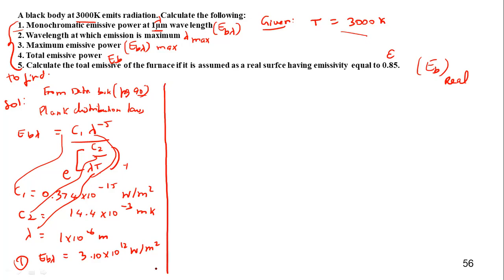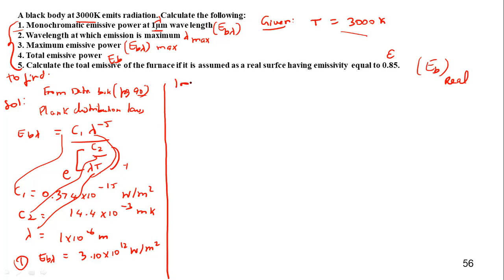So we know the wavelength at maximum. Okay. So that is the maximum wavelength. So we find the relation between maximum wavelength and temperature. For the relation between maximum wavelength and temperature, we follow Wien's displacement law.